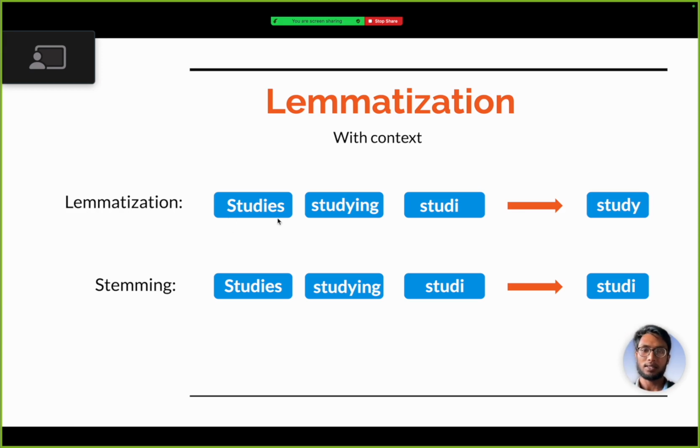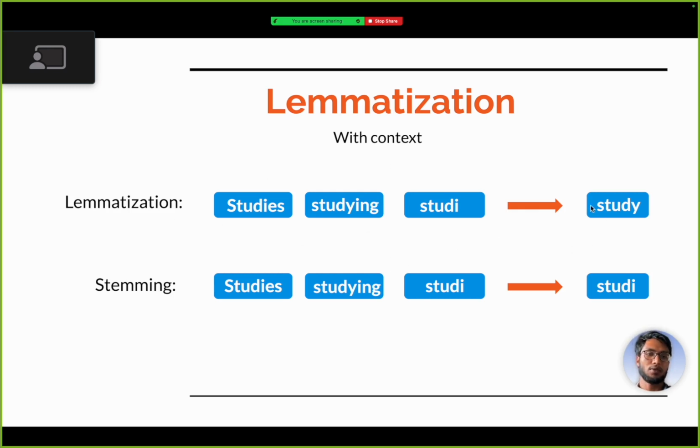If we take study, studying, and studies, and lemmatize this, we're going to have study with y, and if we do stemming on this, we will have studi with i. So stemming is just finding the common part between all these things, but lemmatization is all about finding the root word with the context, okay.